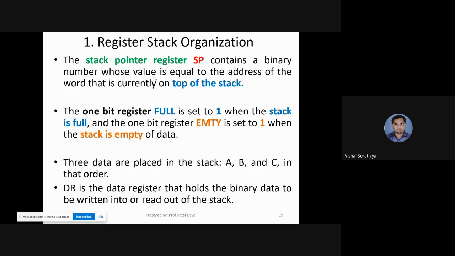The tri-state buffer is enabled, and your data is either loaded or stored, that is, read or written. If the entire stack is empty, the EMPTY flag goes to 1. And if the entire stack is filled with data, the FULL bit shows that the stack is full.